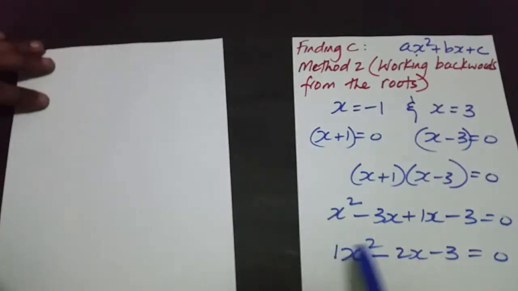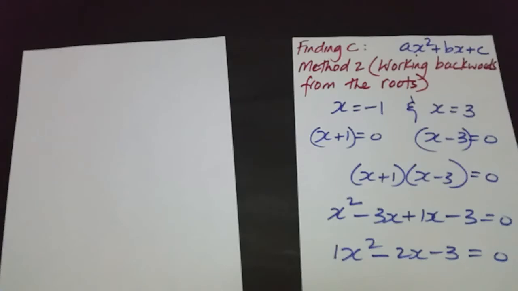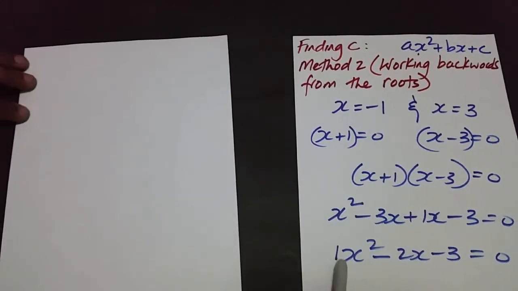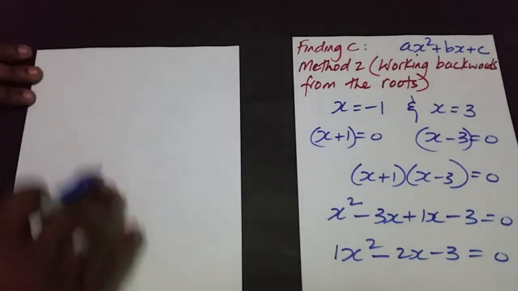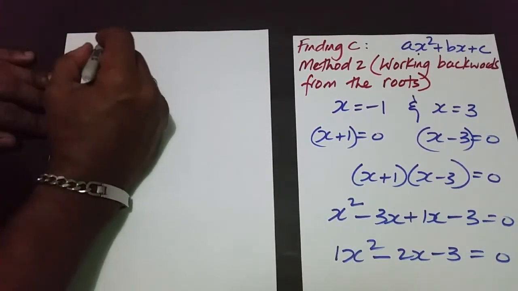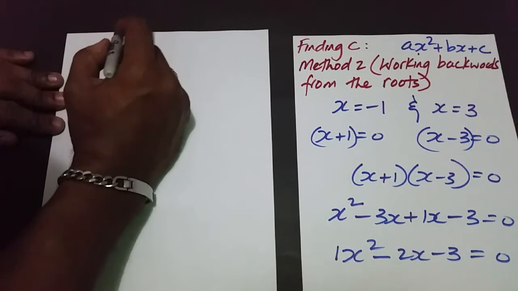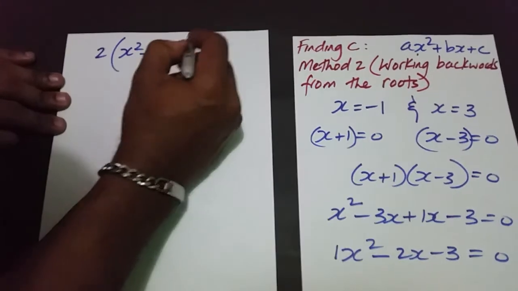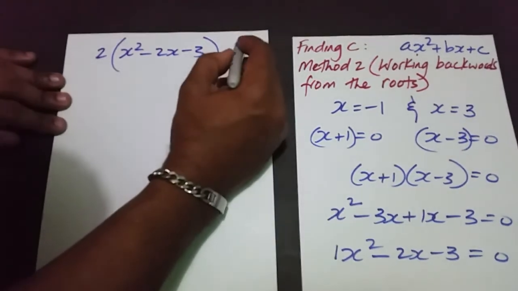And that is the part that you can neglect if you're not focusing on what a is in the completed square form. The value of a is 2. Right now we have 1. So by multiplying everything by 2, we should be able to get the final quadratic. So I'm essentially going to multiply everything by 2 to get a to be 2, and then we're going to be golden.